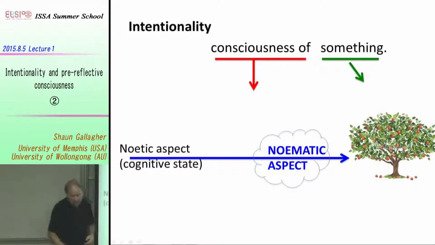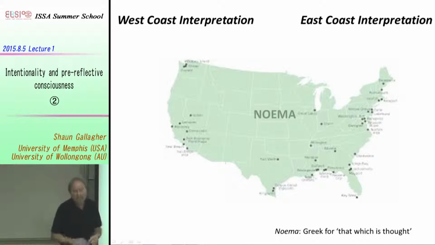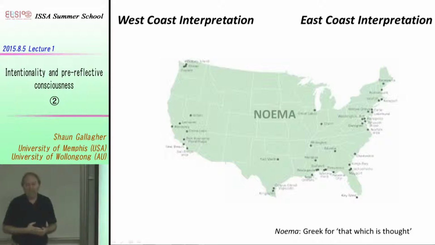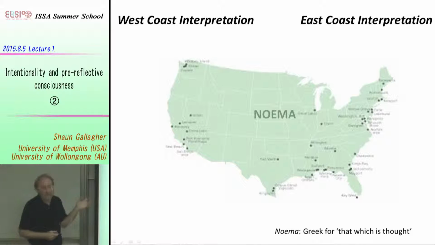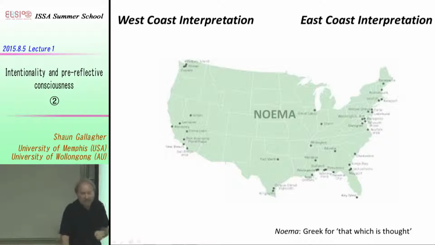And here there is a debate that is often put in terms of the West Coast versus the East Coast interpretation, referring to the West Coast of the United States, California mainly, and the East Coast, Massachusetts and New York mainly, where the people are working. So let me just give you a sense of what the debate is.